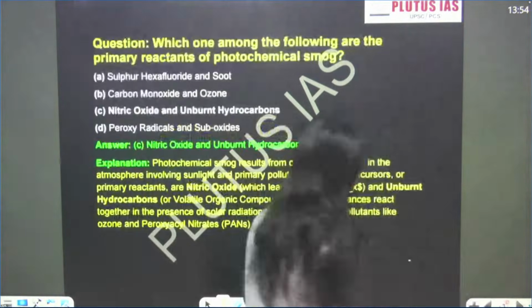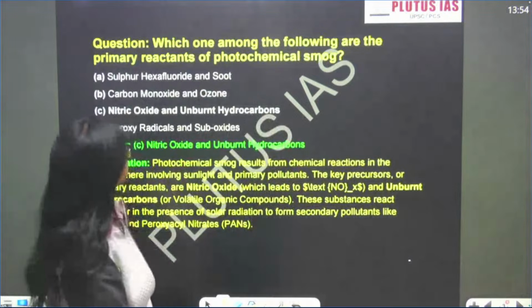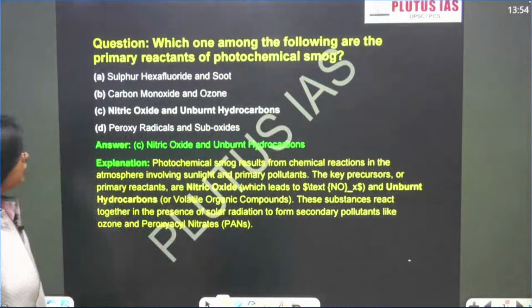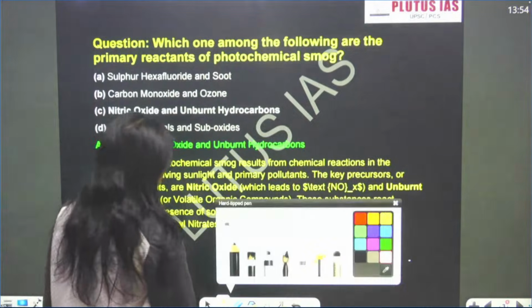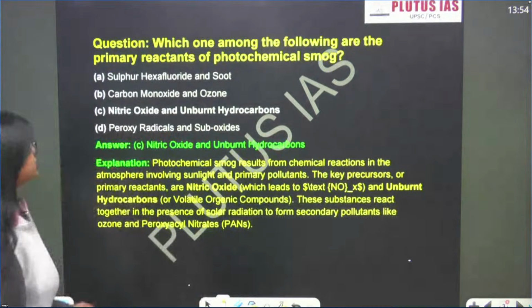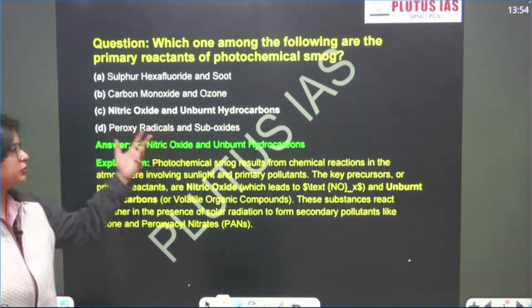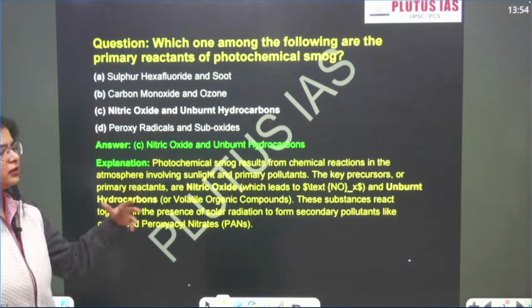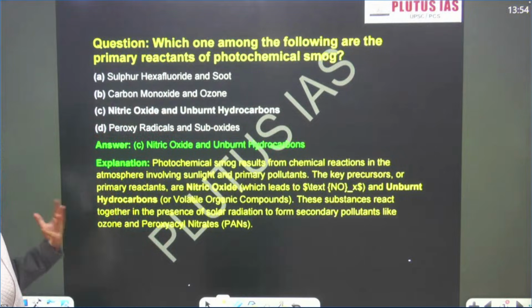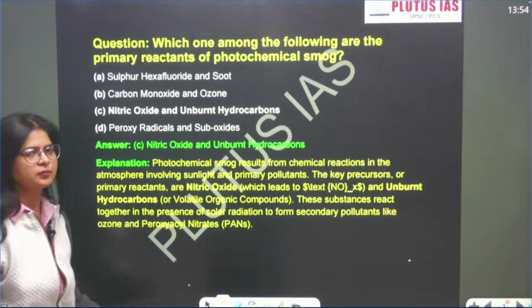Okay, so the first question that they have is: which one of the following are the primary reactants of the photochemical smoke? The options they have given are: A, sulfur hexafluoride and soot; B, carbon monoxide and ozone; C, nitric oxide and unburnt hydrocarbon; and D, peroxy radicals and suboxides.